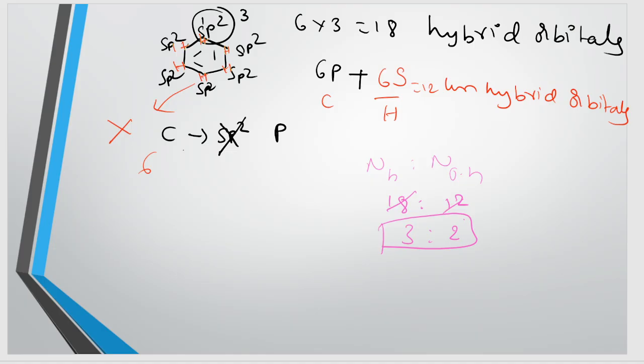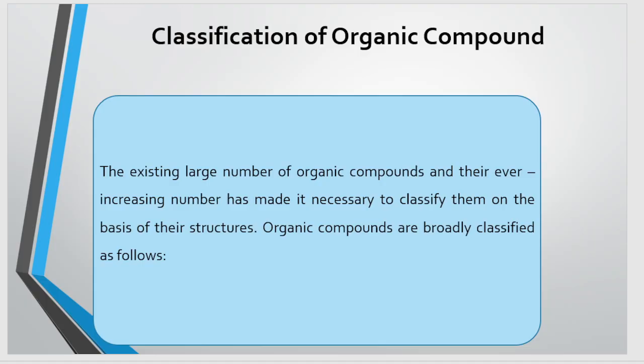Till here we discussed the basics of organic chemistry. Now we are getting into the classification of organic compounds. The existing large number of organic compounds and their ever increasing number has made it necessary to classify them on the basis of their structures.